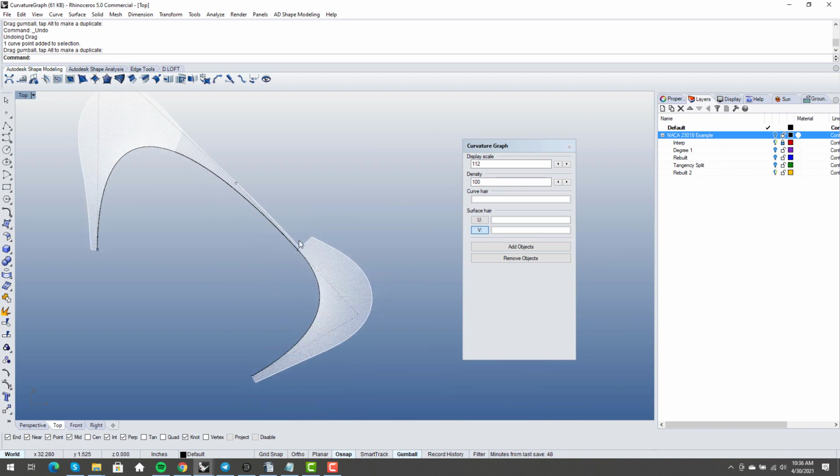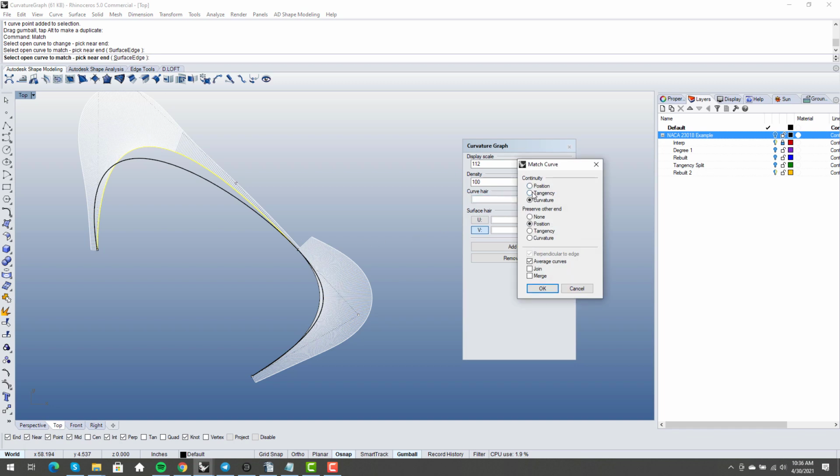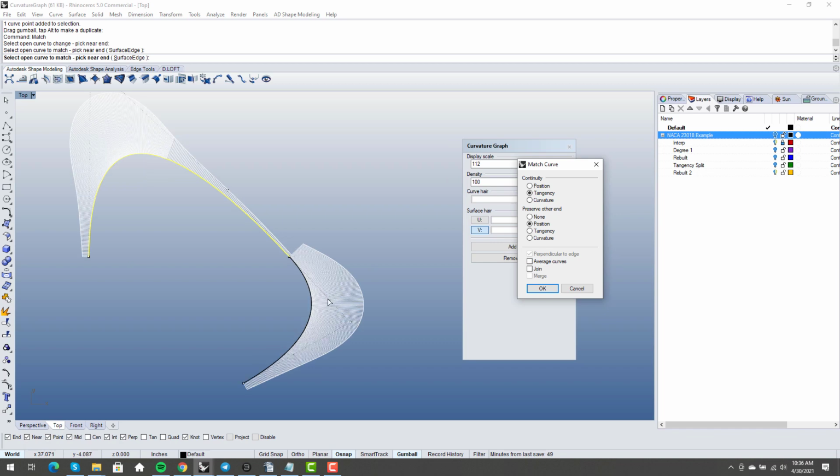Now, you can always use your match command to make sure, not match surf, but just match, to make sure that curves are whatever continuity you want. So if I was unsure of this, I would just use match to do it.